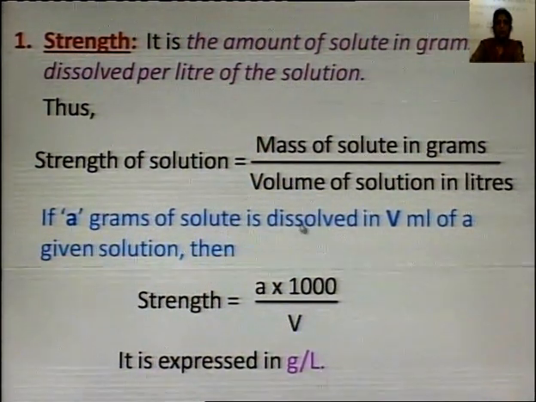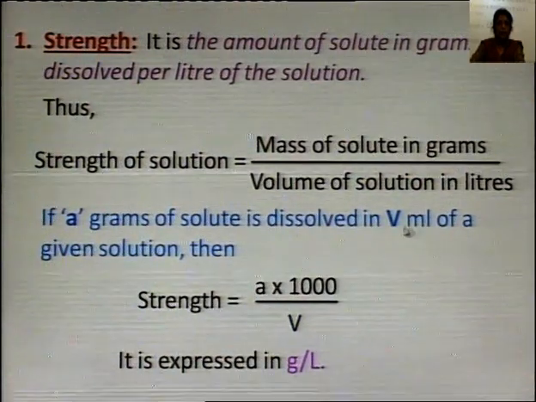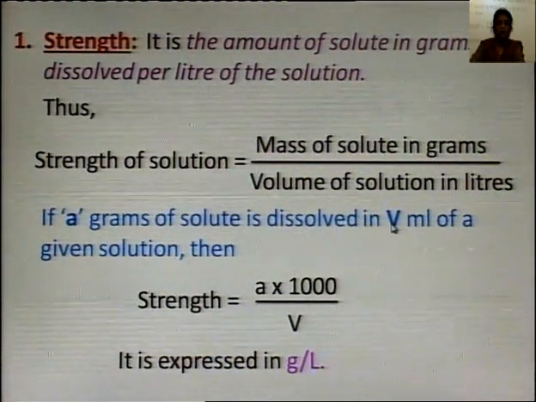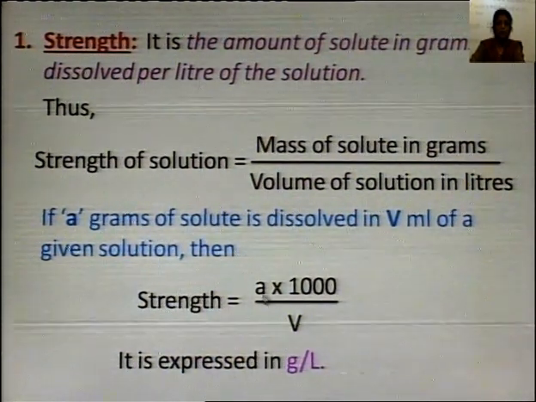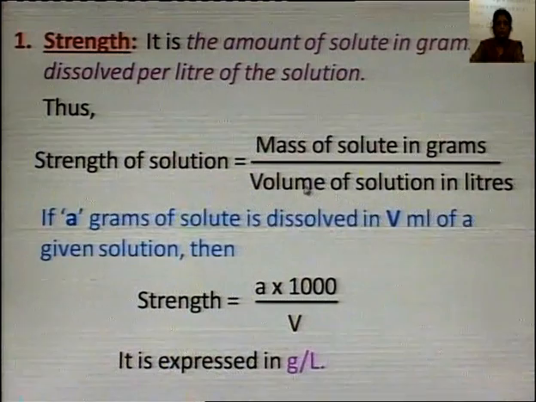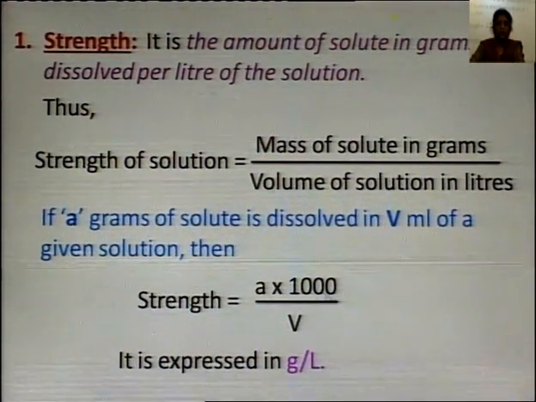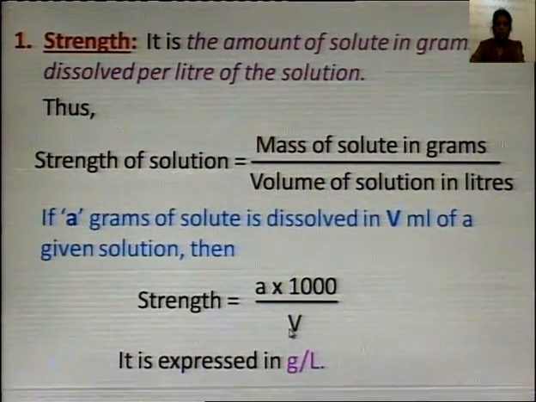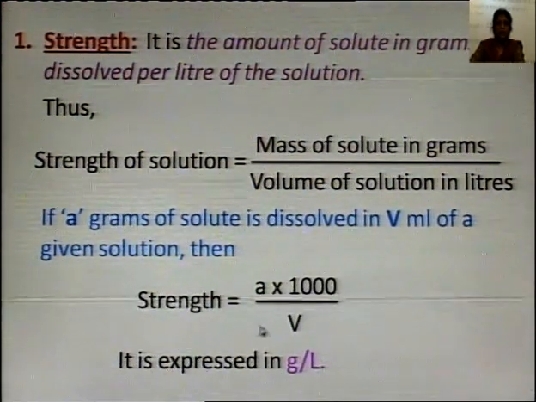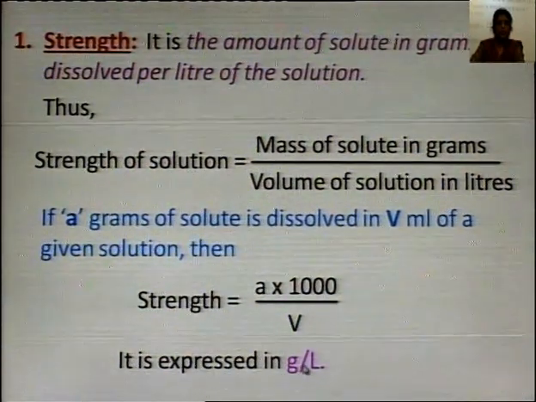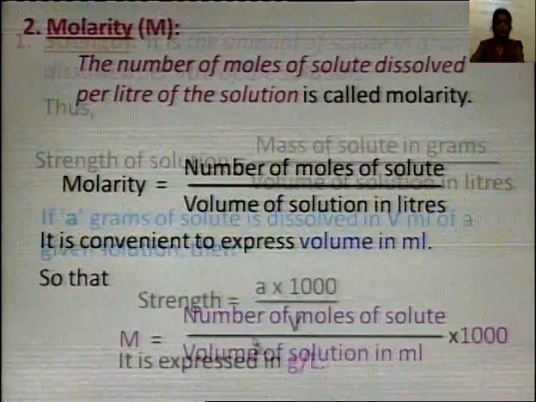So, if volume is given in ml, we will have to convert this ml into liters, V upon 1000. So, our equation will be mass of the solute in grams divided by V upon 1000. So, 1000 comes on the numerator. So, A into 1000 upon V. So, this is the strength of the solution. Units-wise, strength is in grams per liter, g per L.